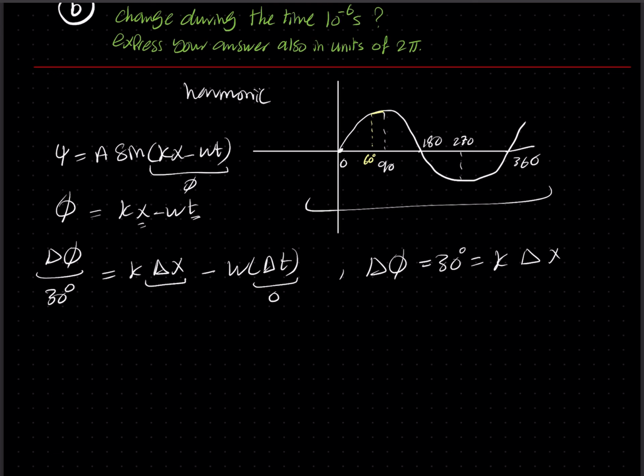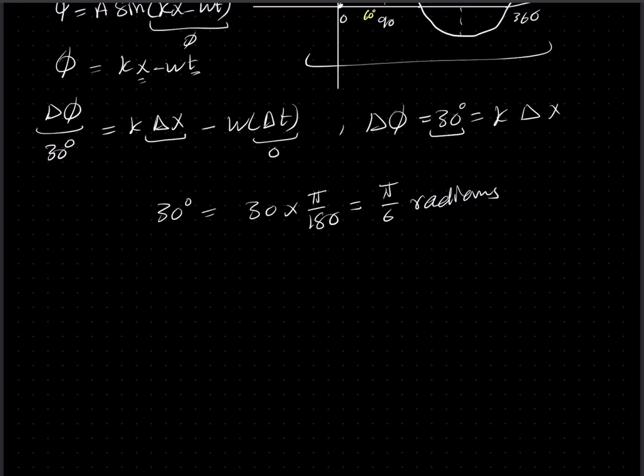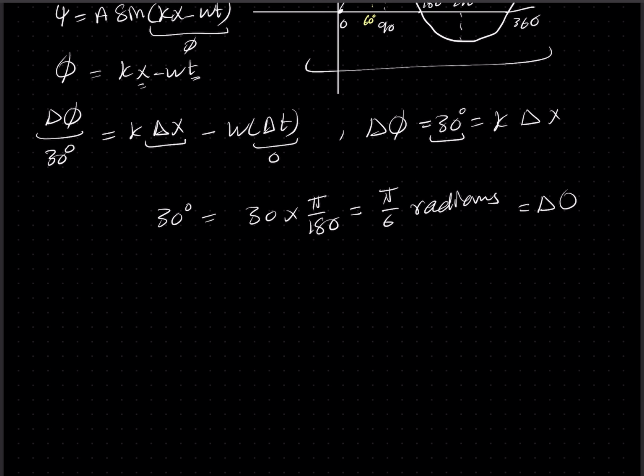All right. Now, we need to convert the 30 degrees into radians. So 30 degrees would equal 30 times pi over 180, and that will be pi over 6 radians. All right, so now we know, and that's delta phi. That's the change in phase or the phase difference.